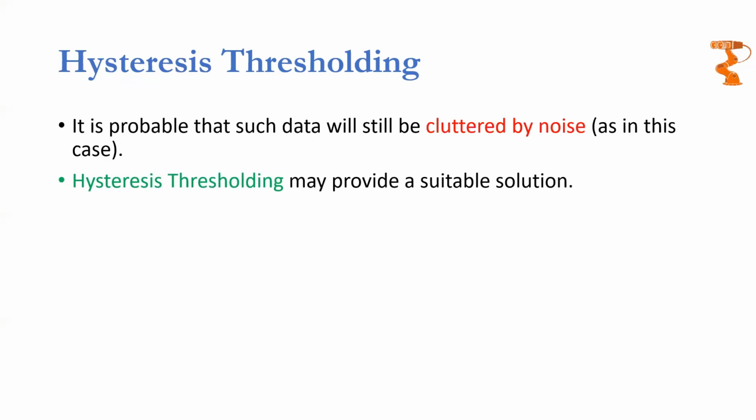Now, there are certain pixels which have non-zero values, but they might not be part of an edge. How to decide whether this non-zero valued pixel is part of an edge or not? So we are going to use another modification of thresholding called hysteresis thresholding to provide a solution for this problem.